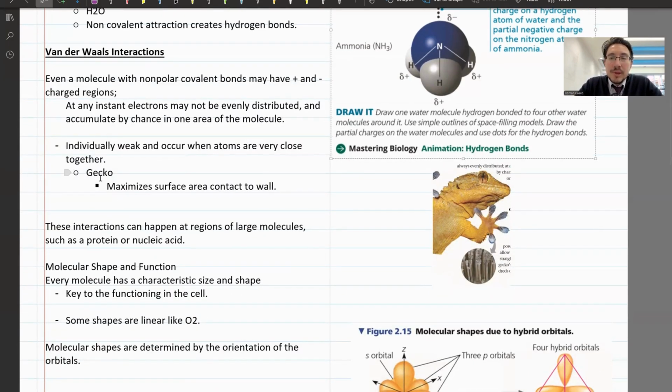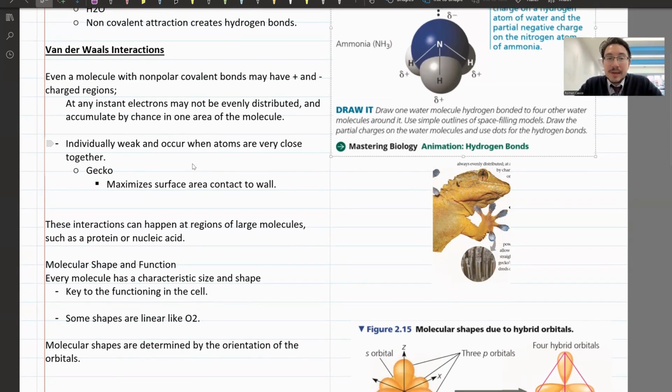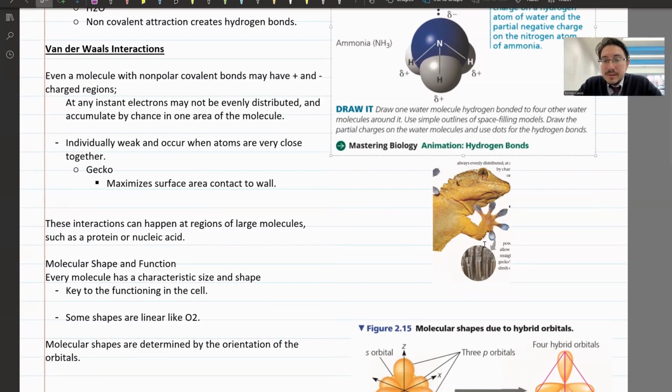It's a relatively weak interaction, right? Van der Waals interactions are individually weak and occur when atoms are very, very close together. An example of this is the gecko, with its appendages, its little fingers there.